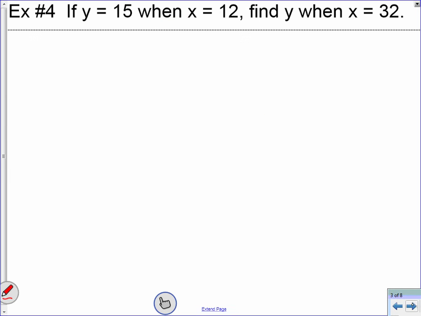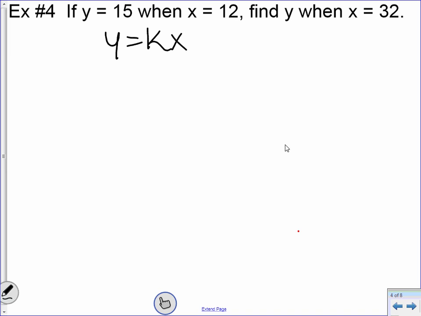All right, next. So here's one just like the last one, but without all the words. So solve first for k, and then use that k and solve for x. So 15 goes in for y, 12 for x.